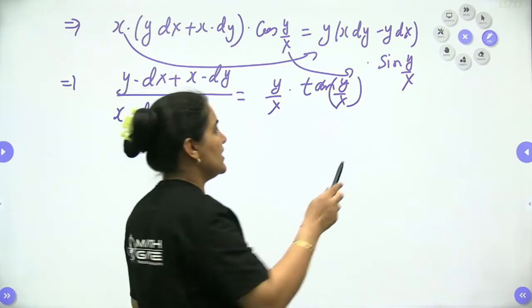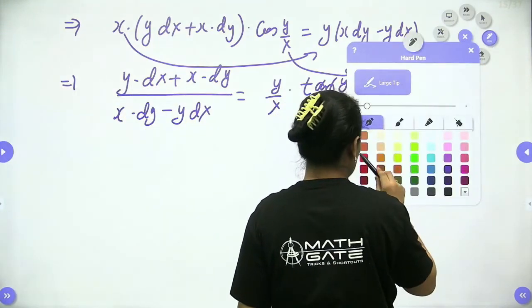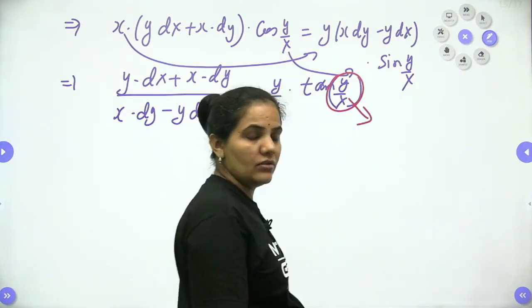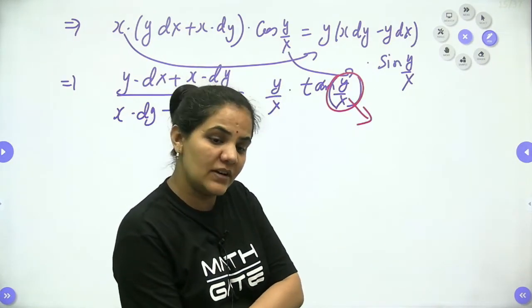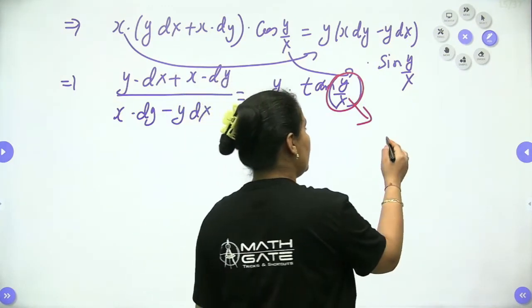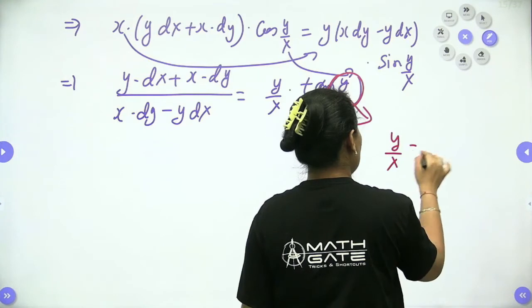As we know very well, whenever we have a trigonometric function, we have to observe only the angle of the trigonometric function. So we can directly substitute that angle, y by x, as v.